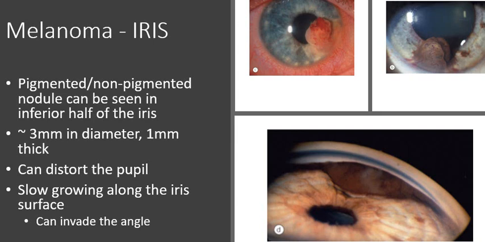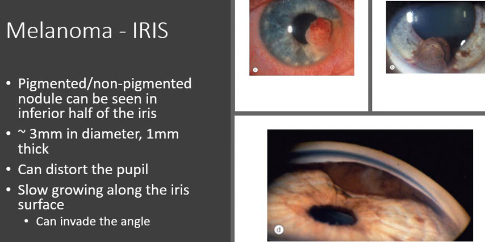People with fair skin are more predisposed to having iris melanomas, and the light iris color in fair skin people puts them at greater risk of developing either an iris or a uveal melanoma.